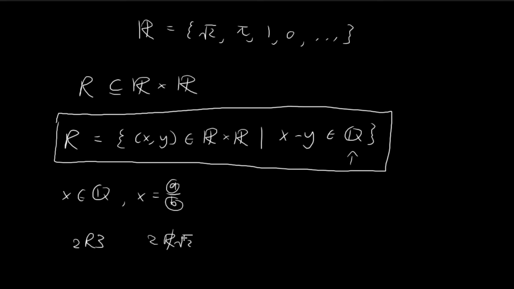But the square root of 2 plus 1/2 is related to the square root of 2, because if you take the difference, you get the square root of 2 plus 1/2 minus the square root of 2, which is just equal to 1/2, which is rational. So this is how this relation works. And now we're going to show that this relation is actually an equivalence relation.